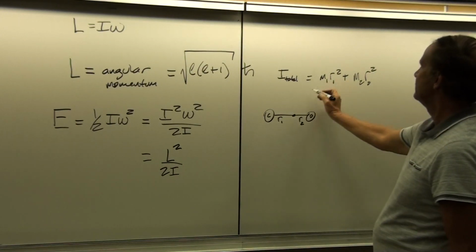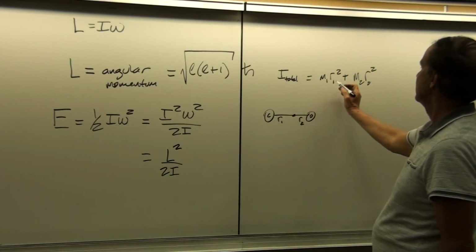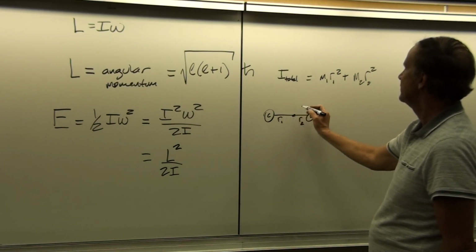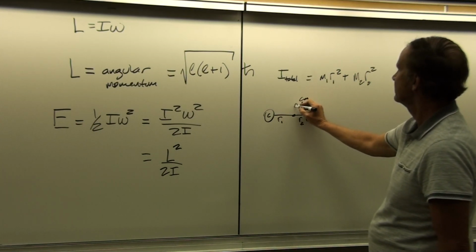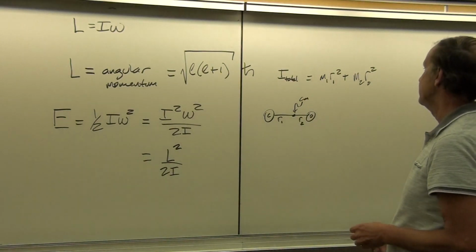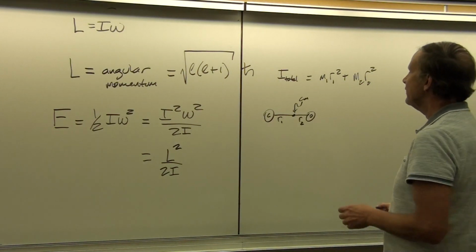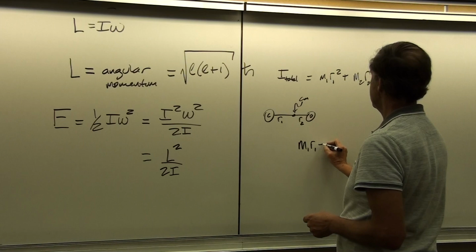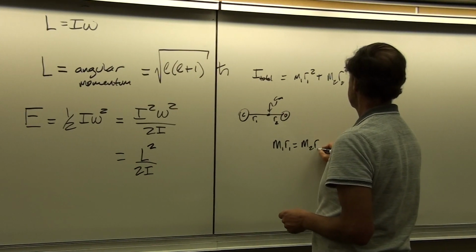Okay, where M1 would be, for example, here the mass of the carbon, M2 would be the mass of the oxygen, the R1 and R2 would be the distances from the center of mass for each. And so we assume that this object is rotating about its center of mass. But we also have, because of the condition for center of mass, M1 R1 equals M2 R2.